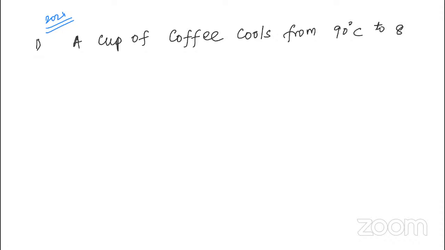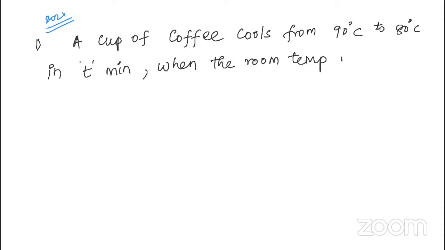A cup of coffee cools from 90 degree centigrade to 80 degree centigrade in t minutes, when the room temperature is 20 degree centigrade.